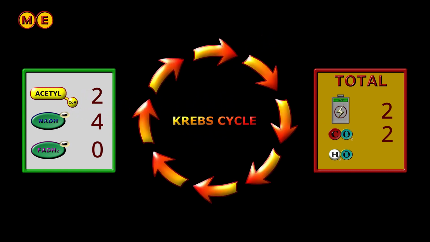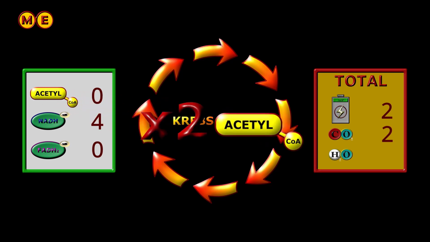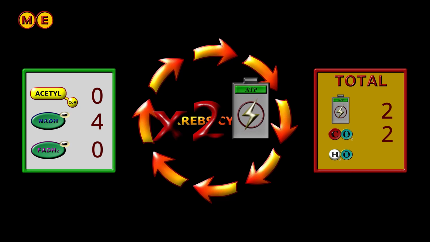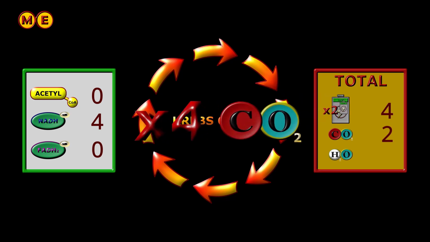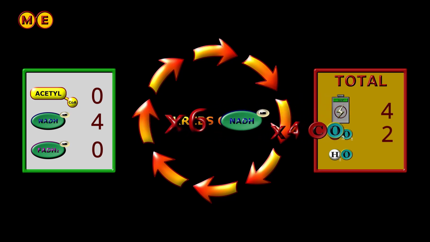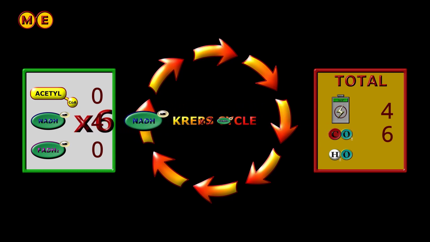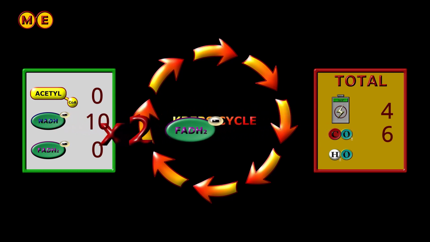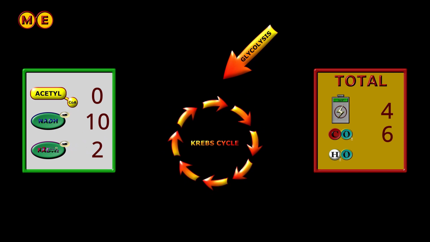Now those 2 acetyl-CoAs enter the Krebs cycle and we produce from them 2 more ATPs, 4 molecules of CO2, 6 NADHs and 2 FADHs. So as a total, from glycolysis and the Krebs cycle we get 4 ATPs, 6 CO2s, 10 NADHs and 2 FADHs.